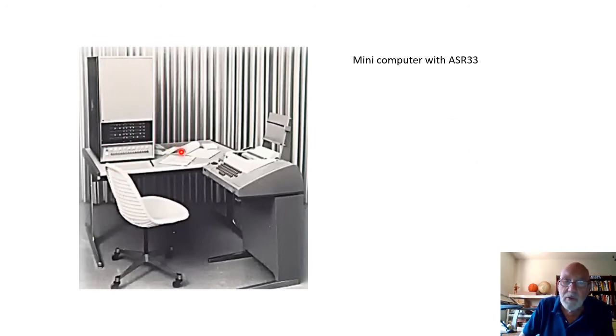Along with mini computers, this device called a teletype here, or more formally an ASR-33, became the workhorse. I mean, that was really the good device. It had a typewriter keyboard that you could key data into the computer. It had a printer, just like a typewriter, that you could output data from the computer.